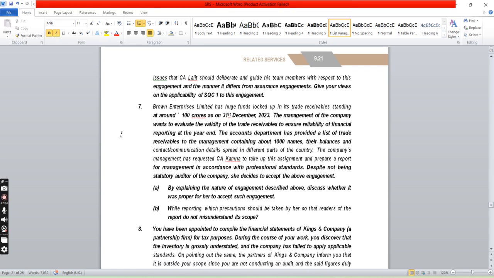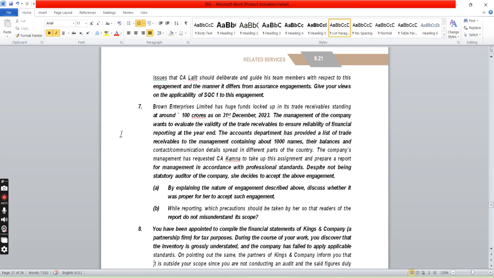Brown Enterprises Limited has huge funds locked up in its trade receivables, standing at around 100 crore on 31st December 2023. The management of the company wants to evaluate the validity of trade receivables to ensure the reliability of financial reporting at the year end. The accounts department has provided a list of trade receivables to the management containing about 1000 names, their balances and contact details, spread in different parts of the country.